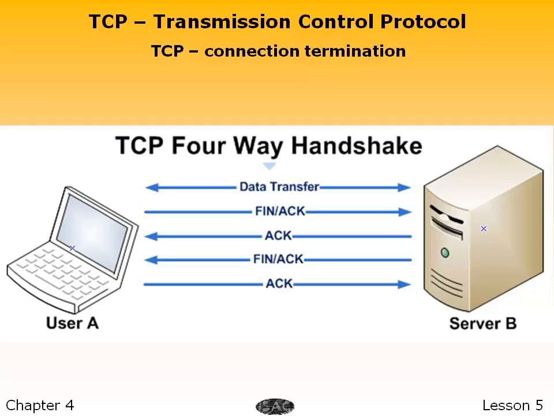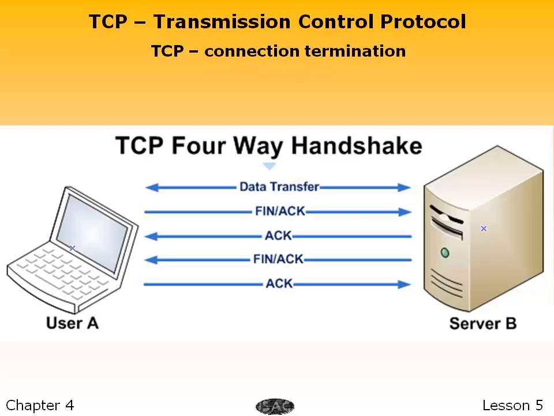The final main aspect of TCP is congestion control. TCP uses a number of mechanisms to achieve high performance and avoid congestion collapse, where network performance can fall by several orders of magnitude.